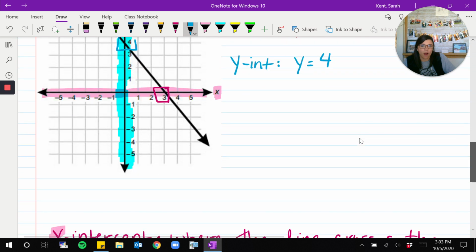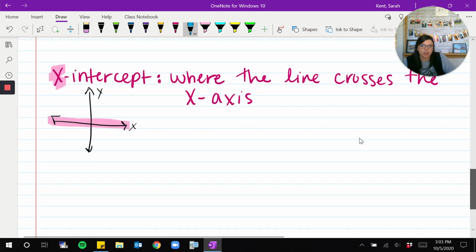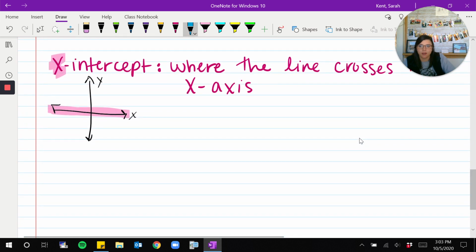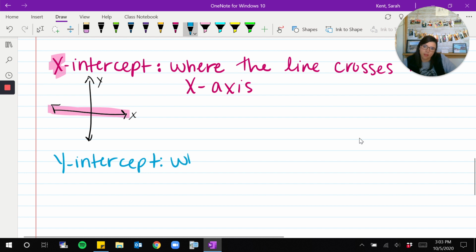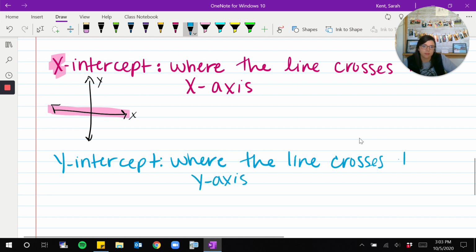So for our y-intercept, we get a definition. This is where the line crosses the y-axis.